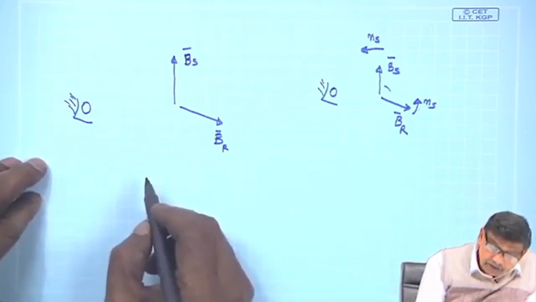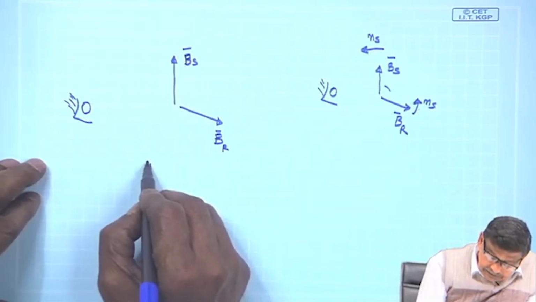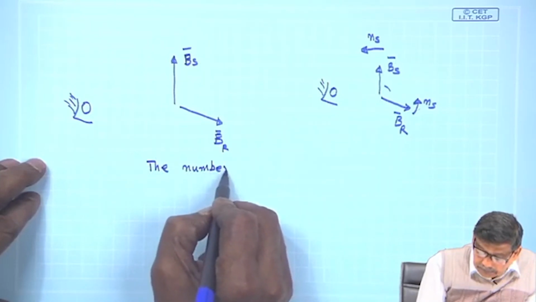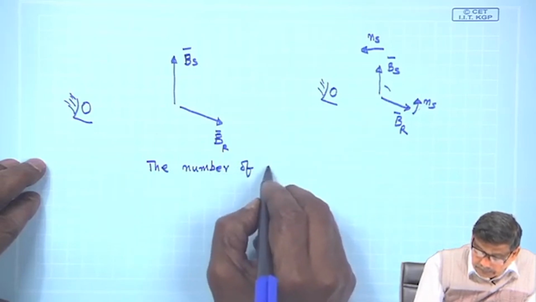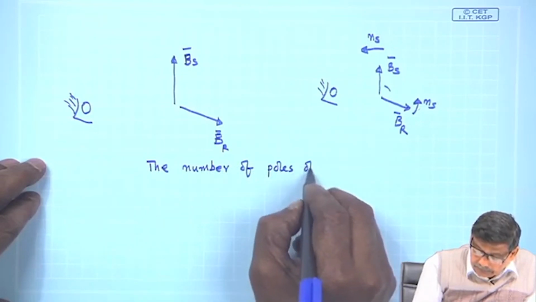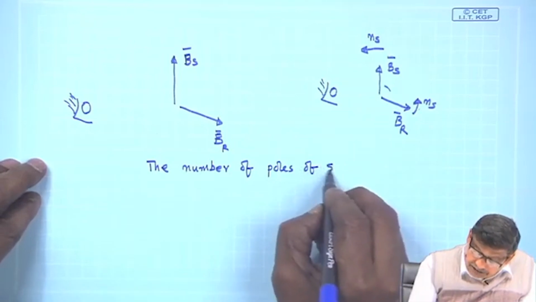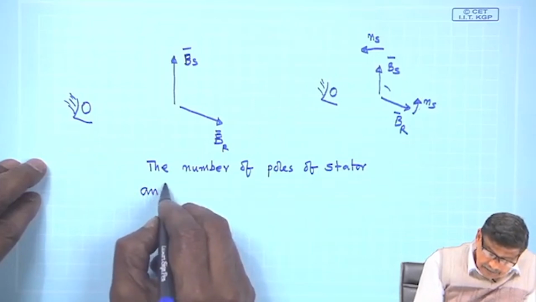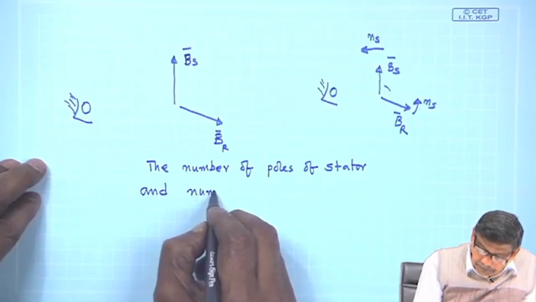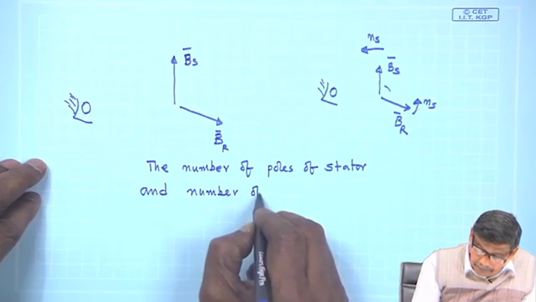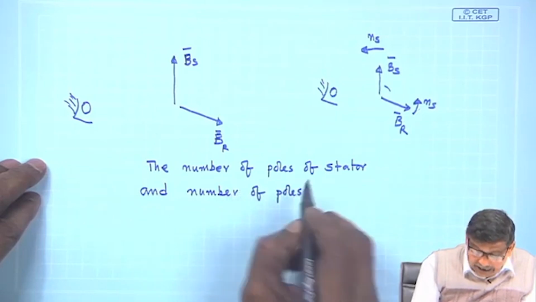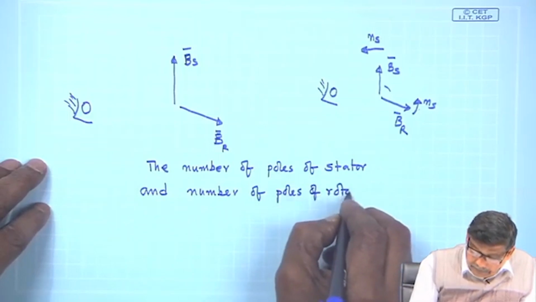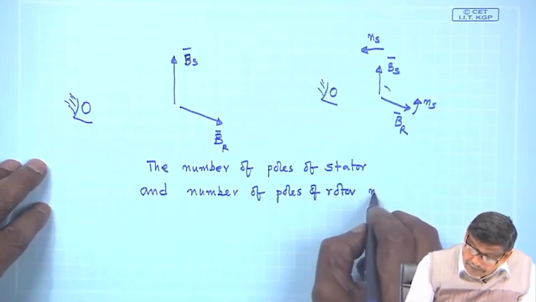The second important point is that the number of poles of stator and the number of poles created by rotor when it carries current, the number of poles of rotor, must be the same.